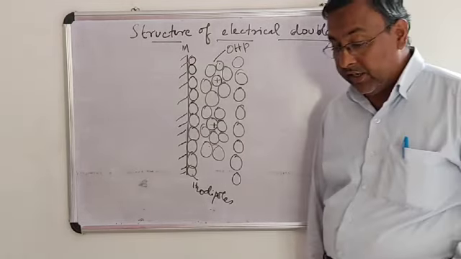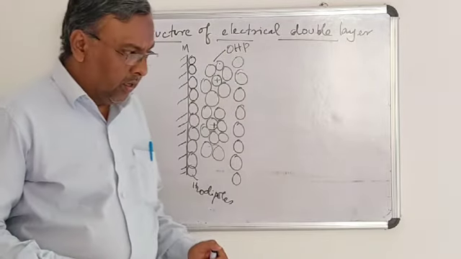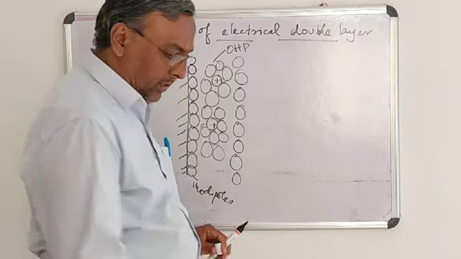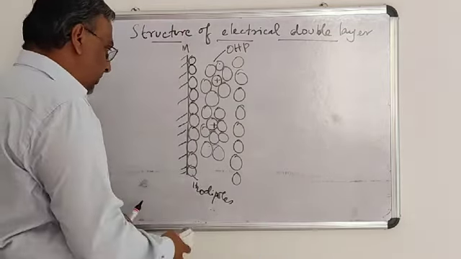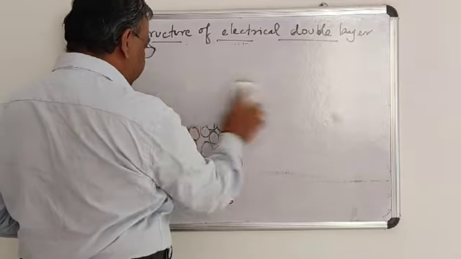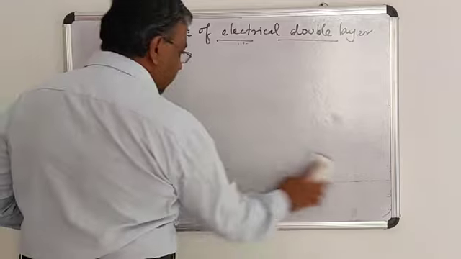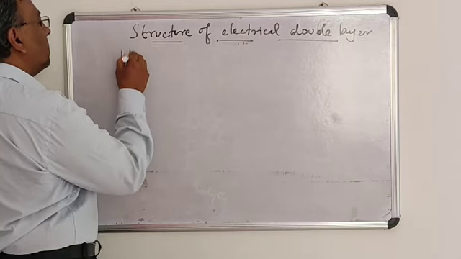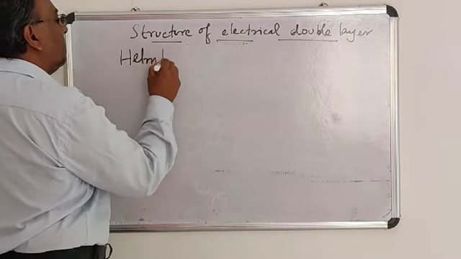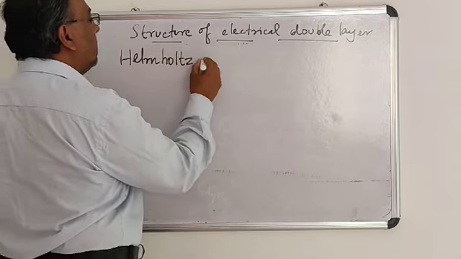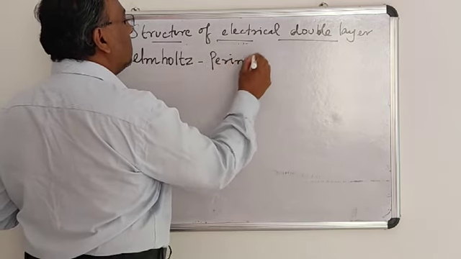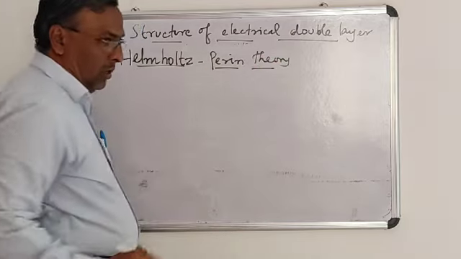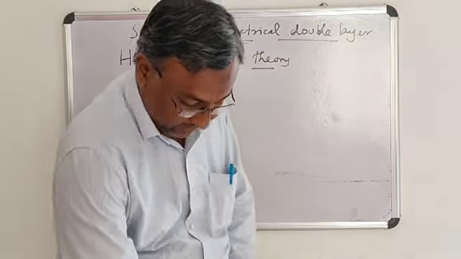Now we are going to study the Helmholtz-Perrin electrical double layer theory. The basic concept is this. Now listen, the first theory is the Helmholtz-Perrin theory of the electrical double layer.